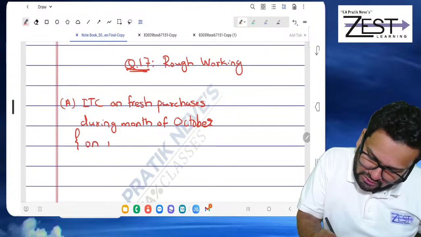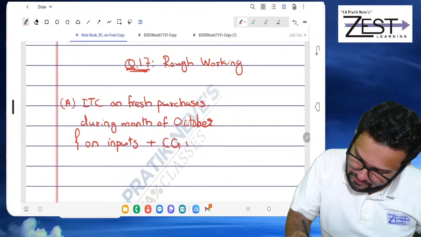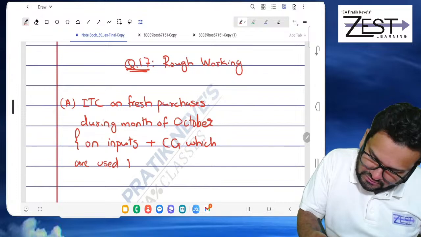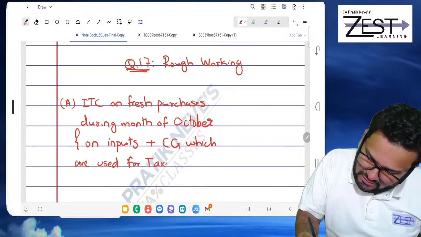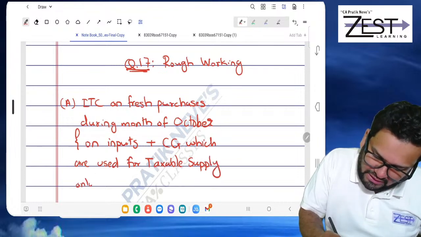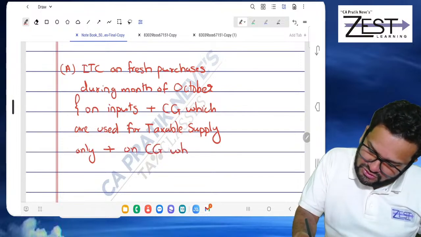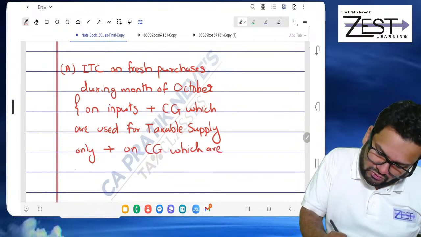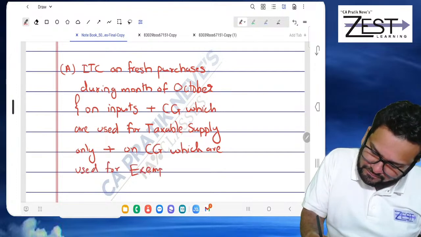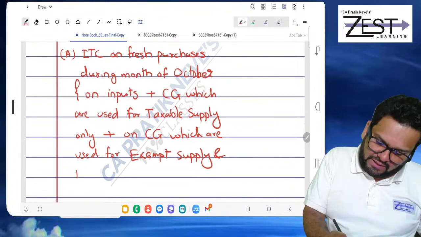It is on inputs plus CG, which are used for taxable supply only, plus on CG, which are used for exempt supply and taxable supply.